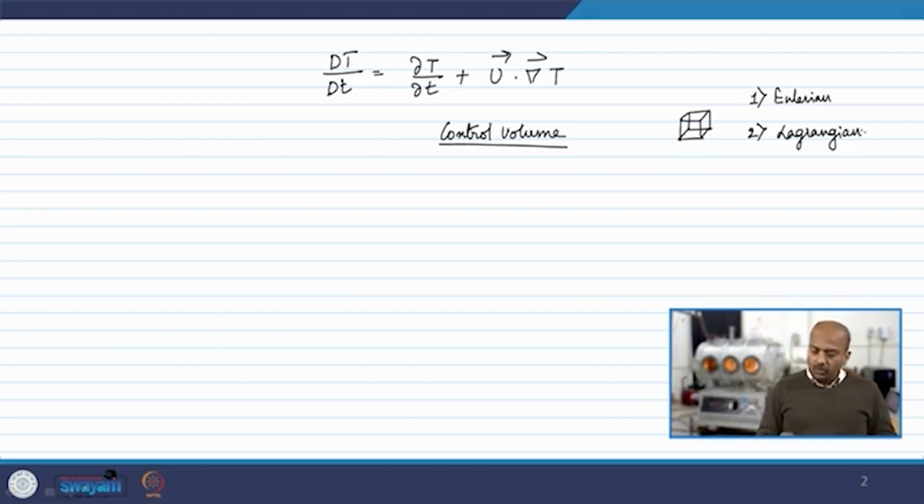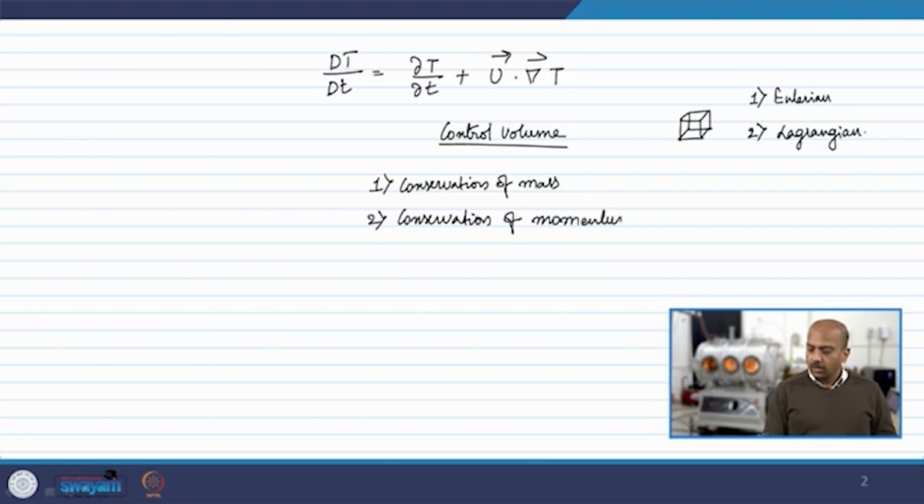So, when you are talking about a fluid, you obtain all these governing equations by following the conservation. One, we will look at the conservation of mass, then we will look at the conservation of momentum, and we will look at the conservation of energy.